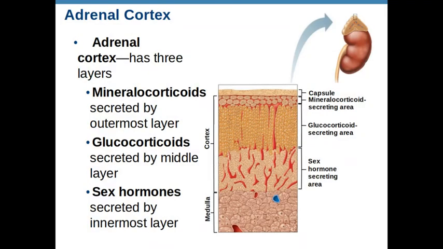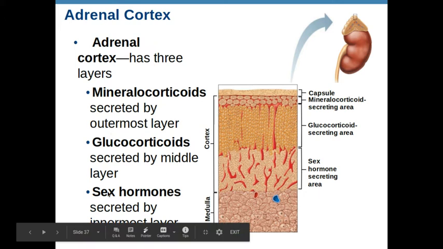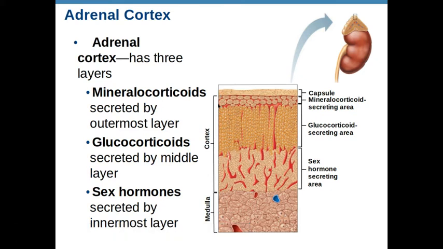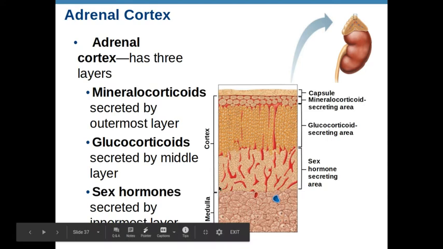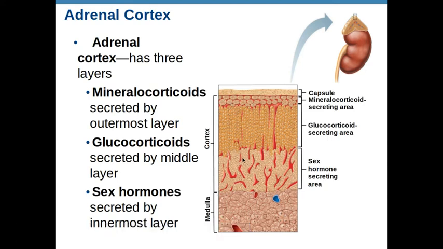First of all, looking at the cortex, basically it secretes three different groups of hormones: the mineralocorticoids, the glucocorticoids, and the sex hormones. So this is the cortex that we see right here between these two brackets. Within that cortex, you have these three different regions that secrete three different groups of hormones.